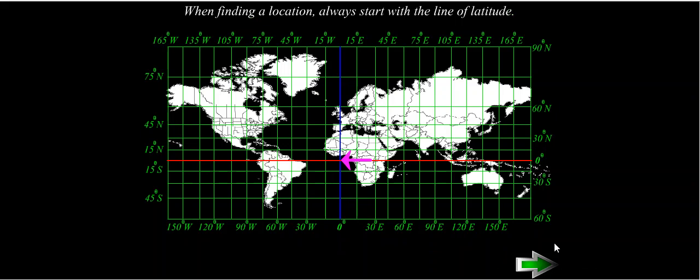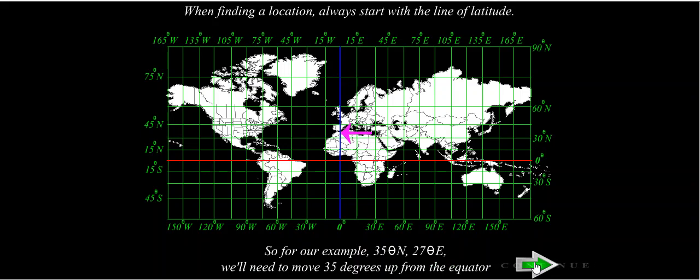When finding a location, always start with a line of latitude. Notice the purple arrow on the equator. So, for our example, 35 degrees north, 27 degrees east, we'll need to move 35 degrees up from the equator.